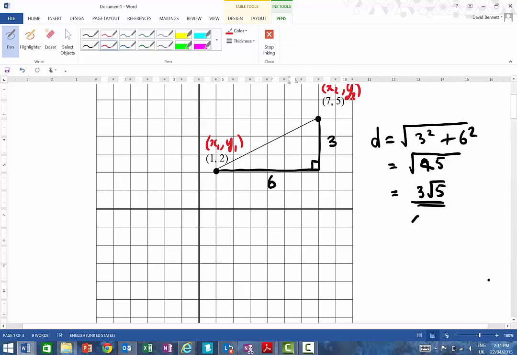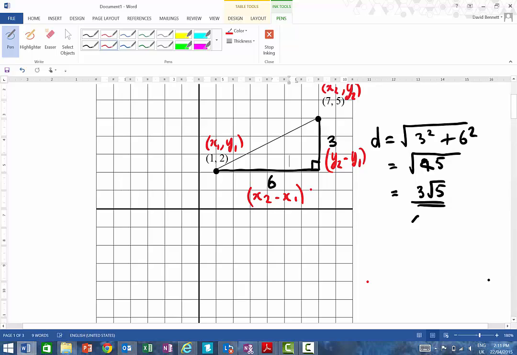Now the difference between those, what you did is you did 5 take 2 is 3. So that really is y2 take y1. That gives you that value over here. And to find this distance here, you did 7 take 1, which is 6. That's x2 take x1.